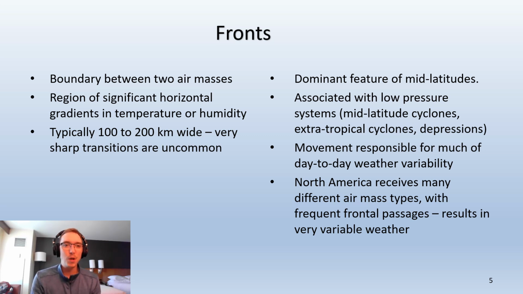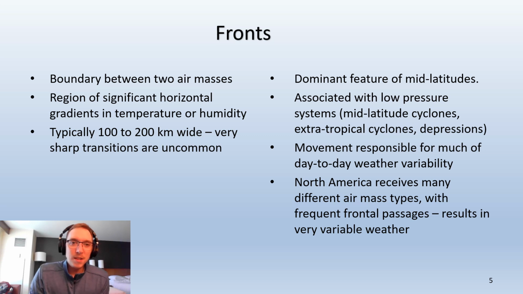The term was actually coined in World War I by Norwegians. This is basically an analogy to battle fronts. If you think of World War I, the Eastern Front, the Western Front, that was kind of the idea: you'd have this front moving in, like a front of troops moving into an area.